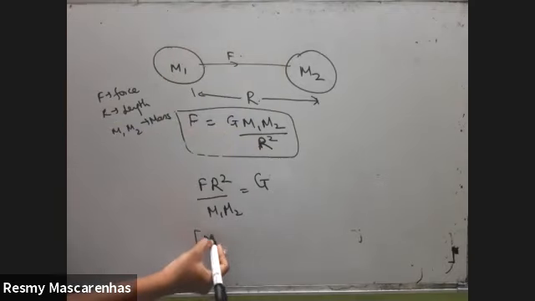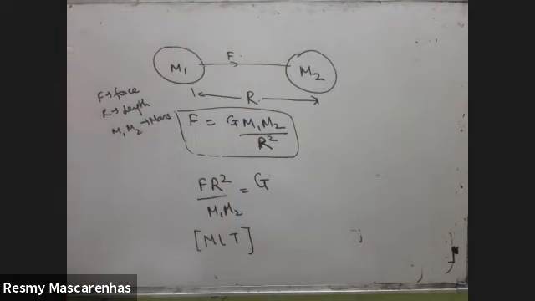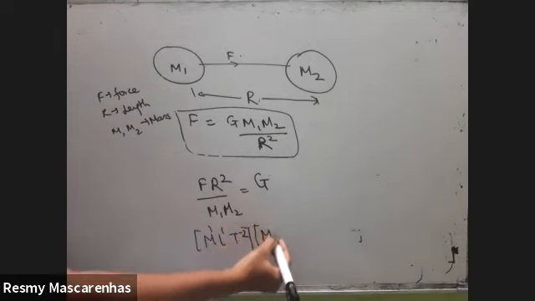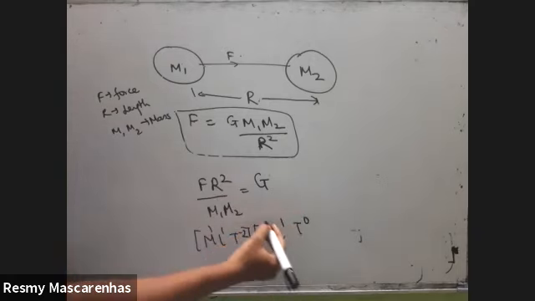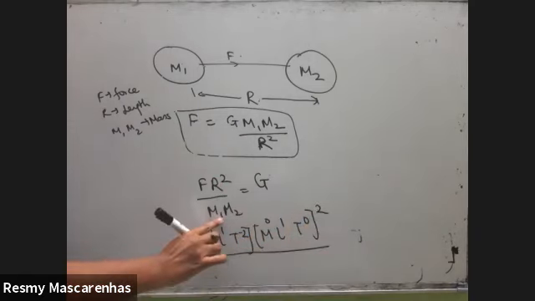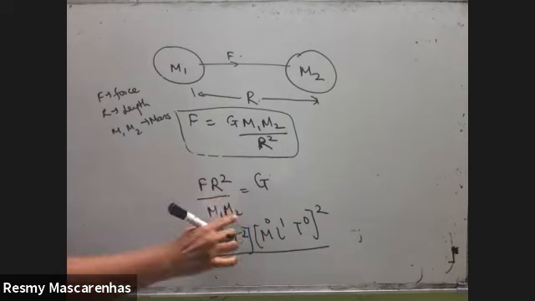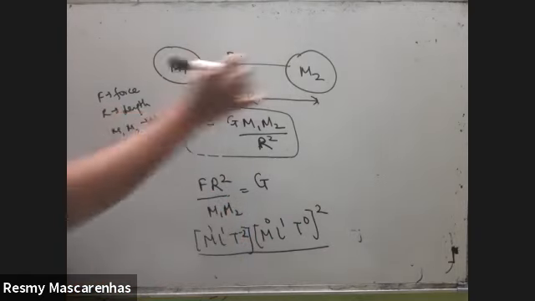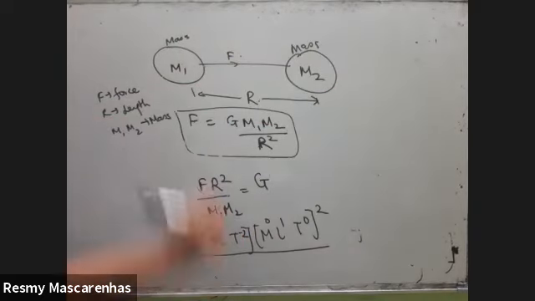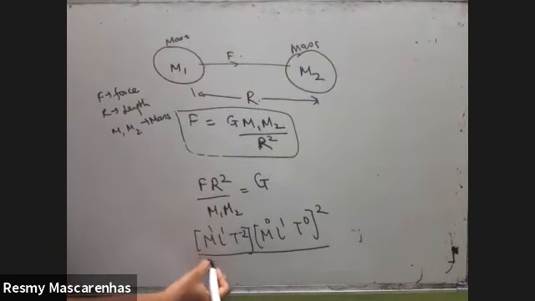So force will be M L T minus 2. r square means length, r is length. M1. This is not square, okay? This 2 means first one and second one. But it doesn't matter. This is also mass, this is also mass. So whether it's of the first body, second body, doesn't matter.